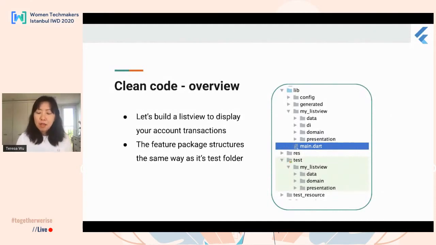And this is an overview of the project that I'm going to show you today. Because I work for a financial service, I'm going to build a list view that displays account transactions. And of course, I'm not going to do live coding today because we all know how it ends.